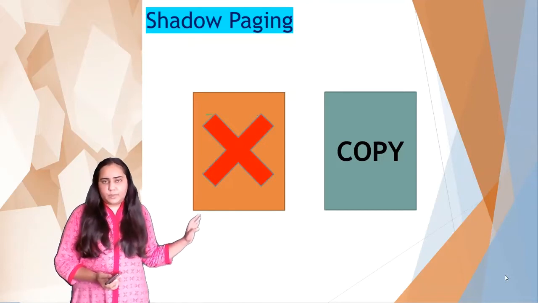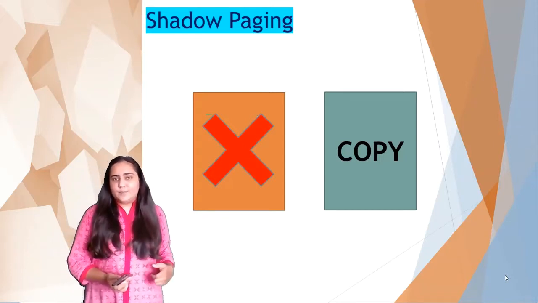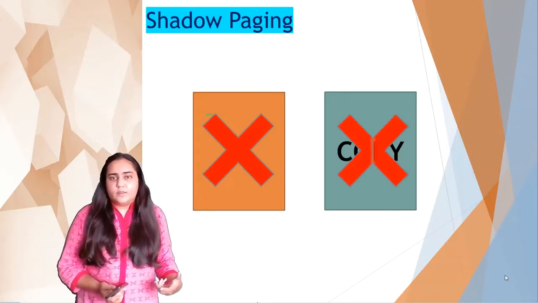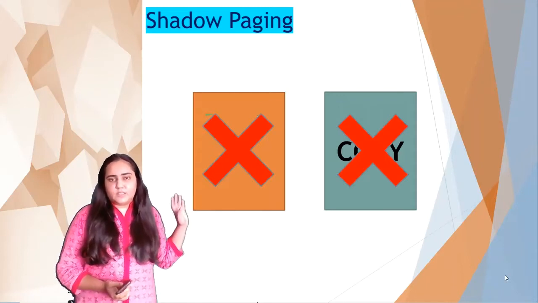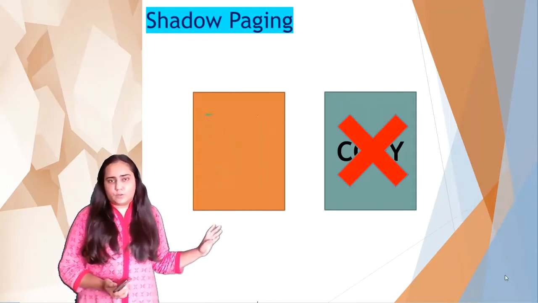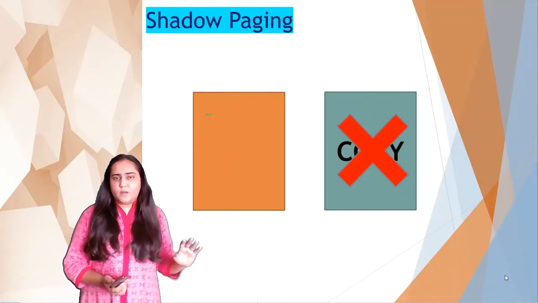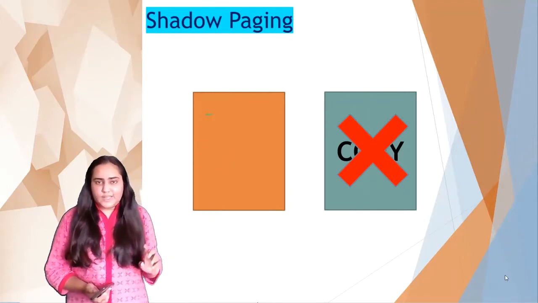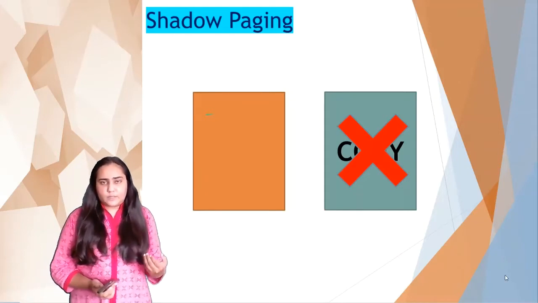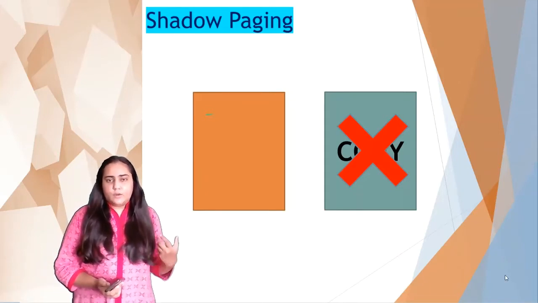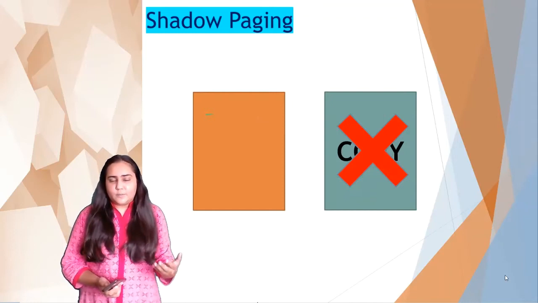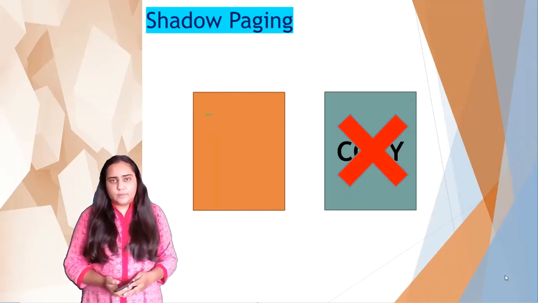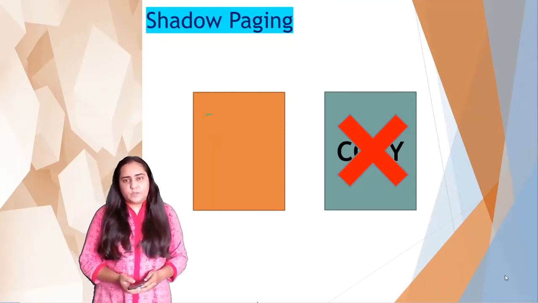And in case my transaction gets aborted, then all that needs to be done is discard the copy and keep the original. So it's the same concept as shadow copying. The only difference is that instead of copying the whole database, we are dividing it into pages and copying only the page that has the data that you want to update. So that's how shadow paging works.